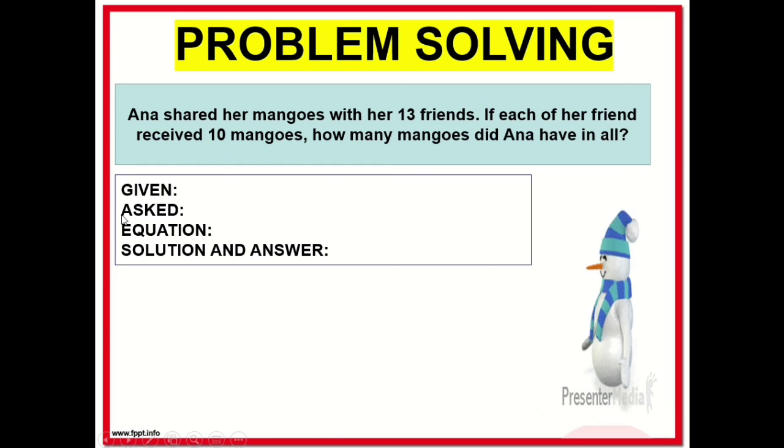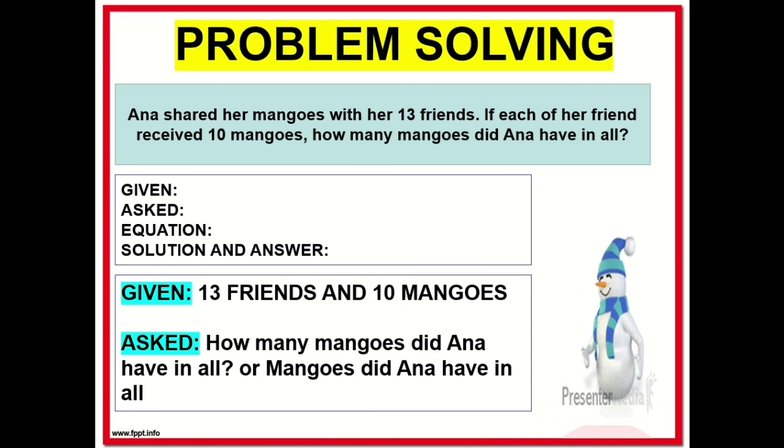Next, know what is asked. Usually, this is the question that needs to be resolved. What does the problem tell you to find? This will dictate what strategy you're going to take later on in the equation, solution, and answer. Okay, let's have the first step, given and asked.